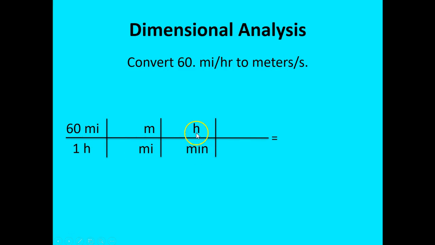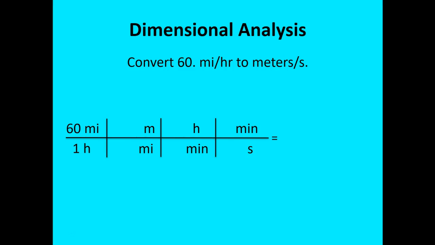Converting hours to minutes, canceling out hours in the denominator by putting it in the numerator and bringing minutes into the denominator, and then canceling minutes out of the denominator and replacing it with seconds by arranging that conversion factor in this way. Once I've arranged the units, the numbers go in all by themselves.